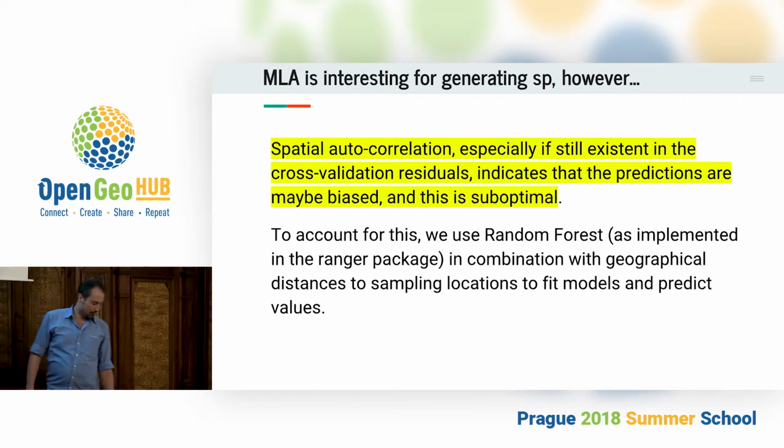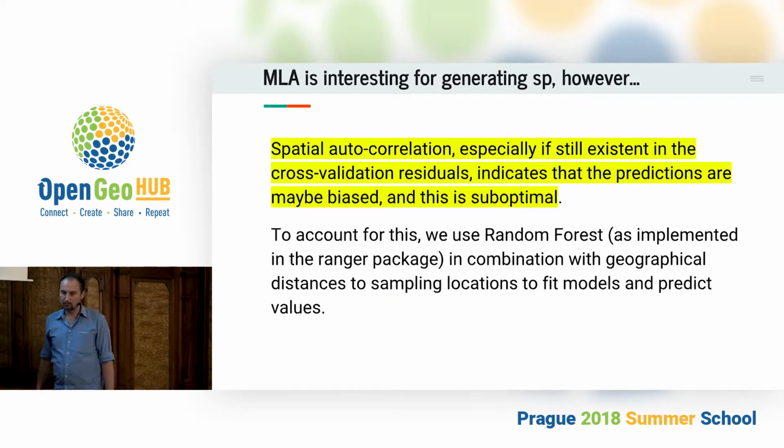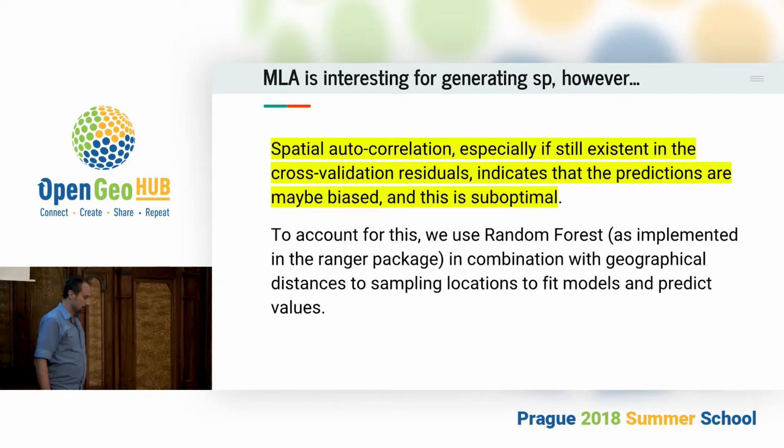So you saw in the previous talk that you can do machine learning with spatial and spatiotemporal data, but we often ignore some things about this data. For example, we ignore the location of points, and we don't use the location of points in the model building.